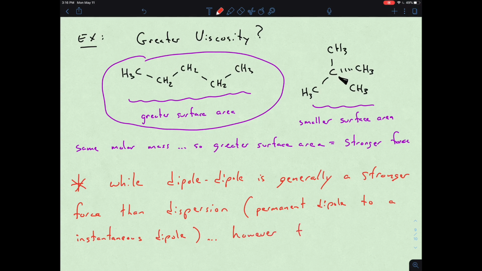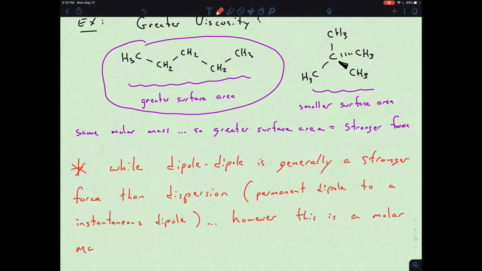However, this is a molar mass game for both forces of attraction.